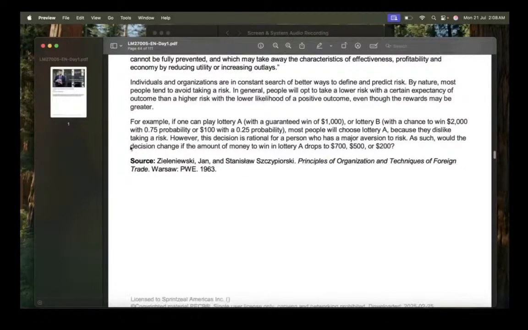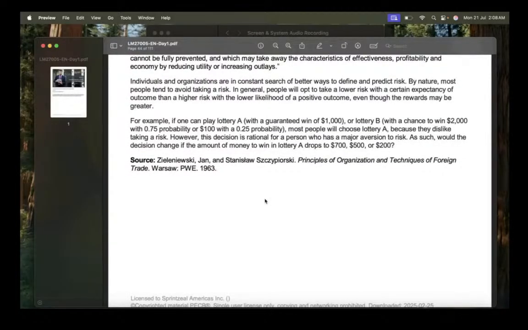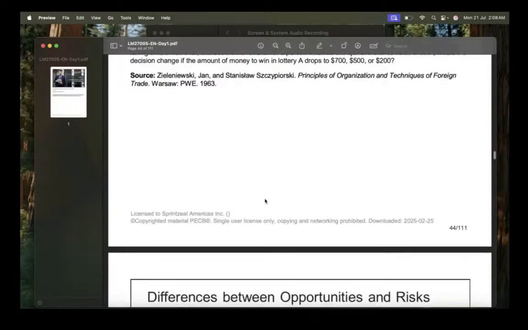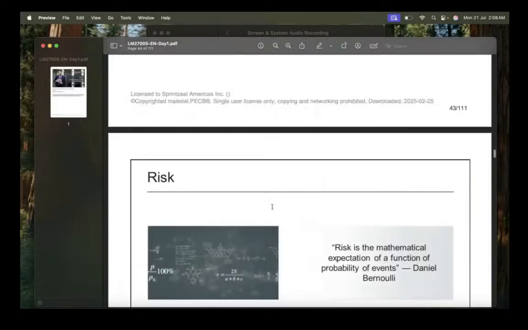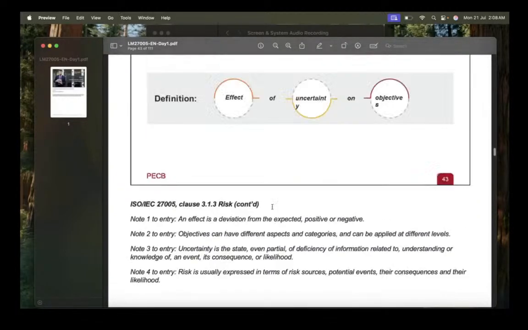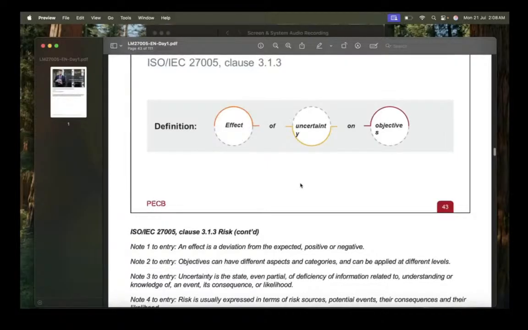So this is an example of what people usually choose where there is less risk. This is all related to risk. I'll not go too deep into that, but we just discussed the little definition about risk.